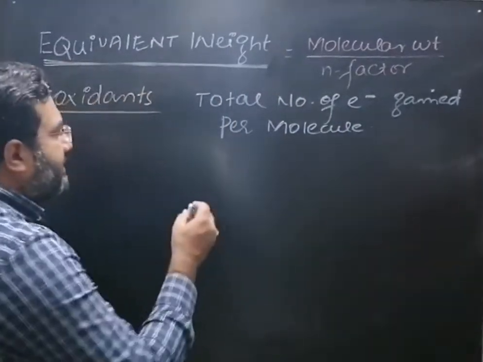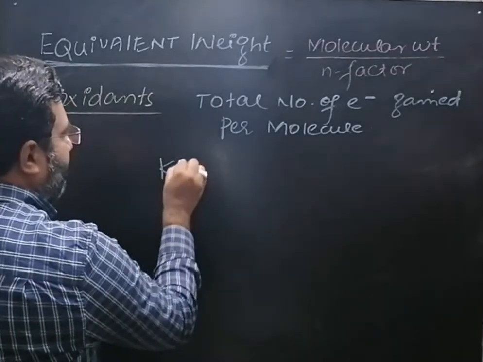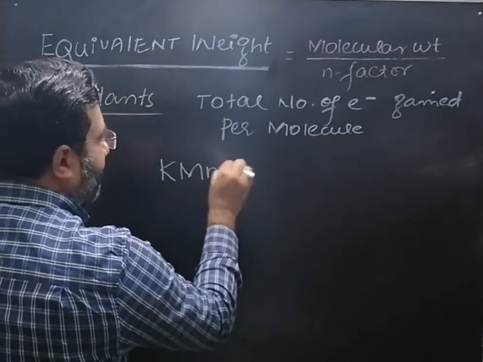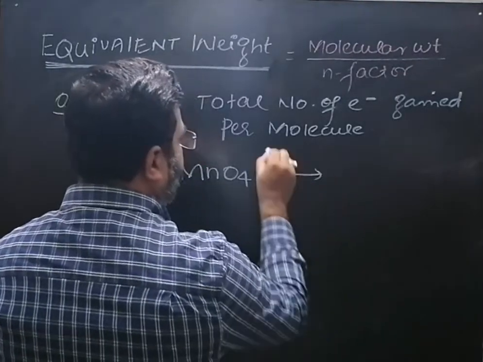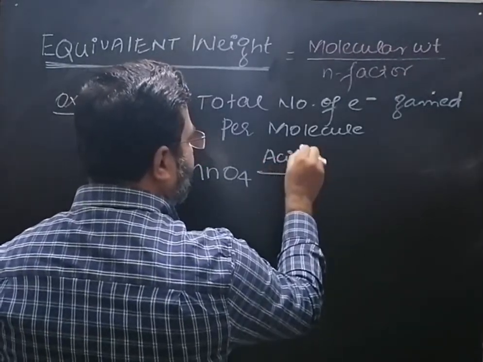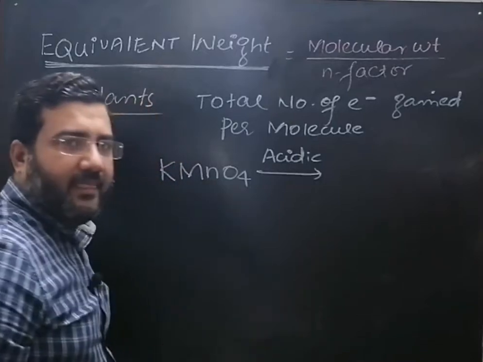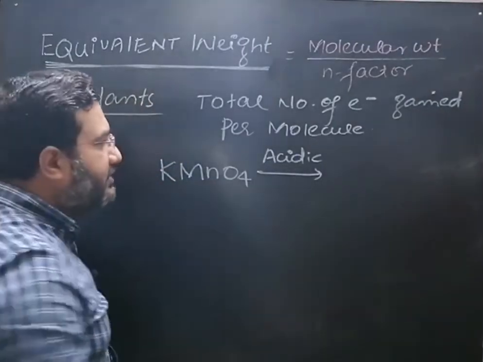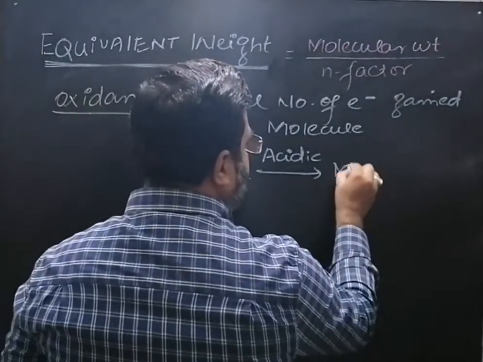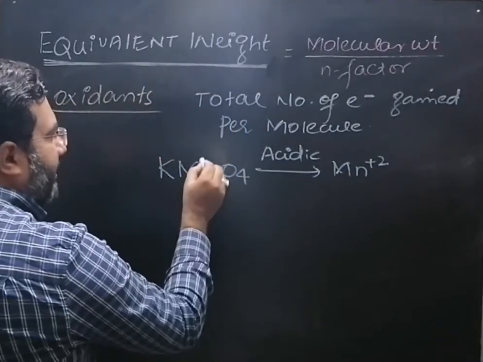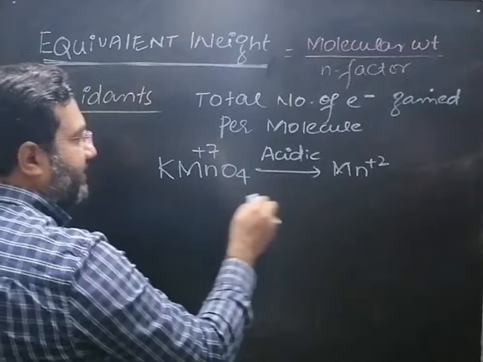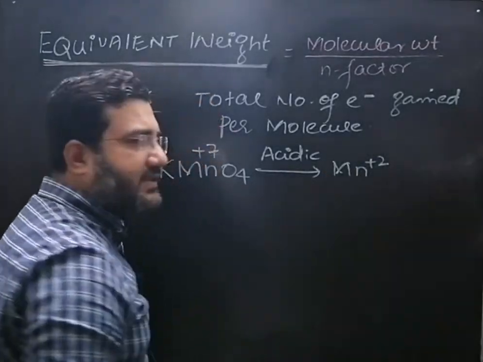I am going to take a very famous example of KMnO4, potassium permanganate, which is an oxidizing agent. When you use KMnO4 in an acidic medium as an oxidizing agent, it is changed to manganese plus 2. So in the reactants the manganese is plus 7, but in the products the manganese is plus 2.